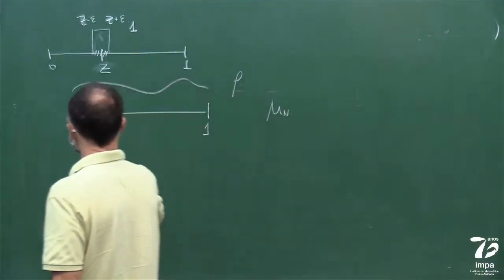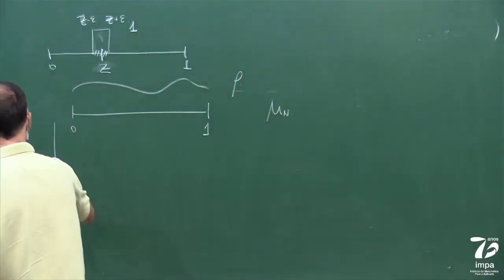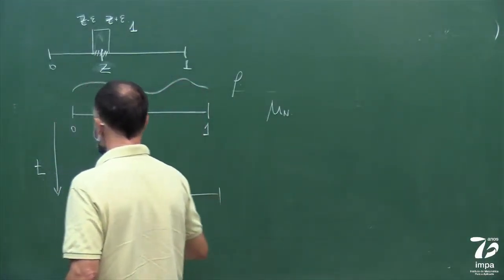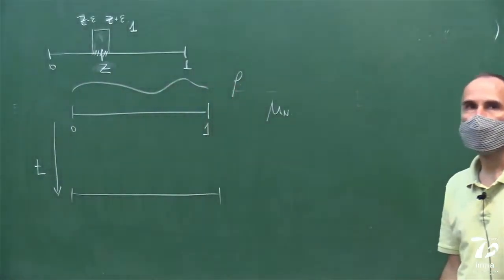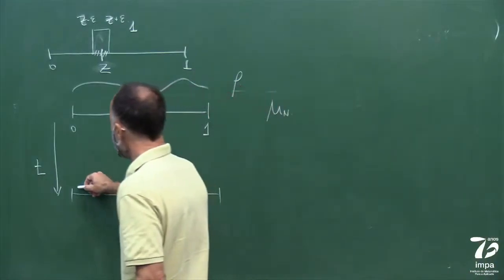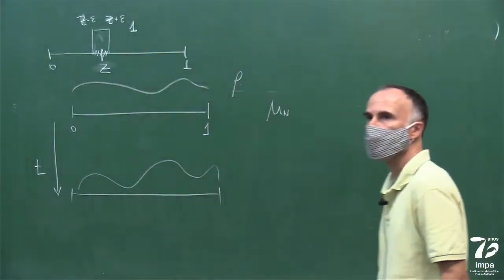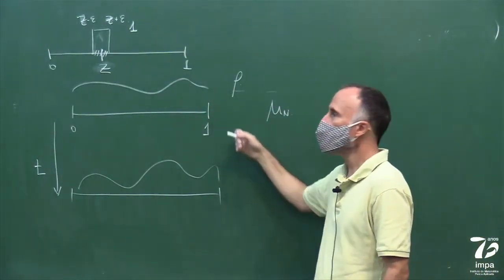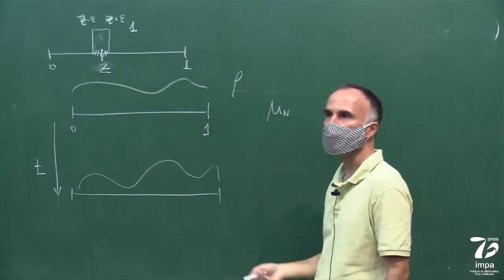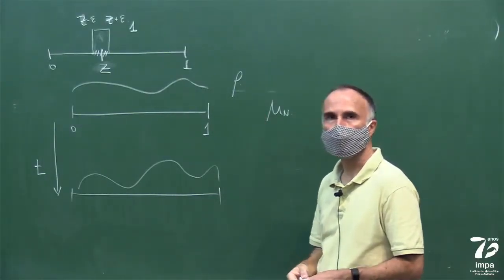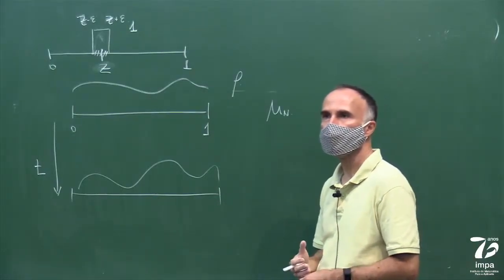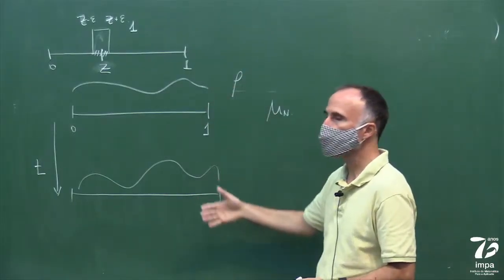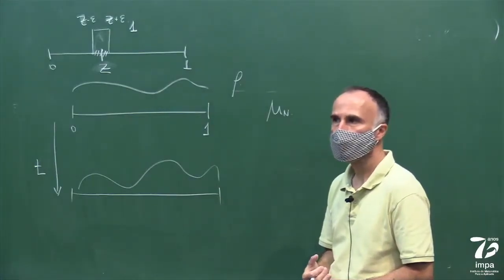And I will let time evolve. And what I expect is that at a later time t, what I will observe is a new profile, and that there is a PDE which describes how this profile evolves in time. So what I want to do, for the exclusion process, say, is find the PDE which describes the evolution of the density profile in time. So that will be the goal.